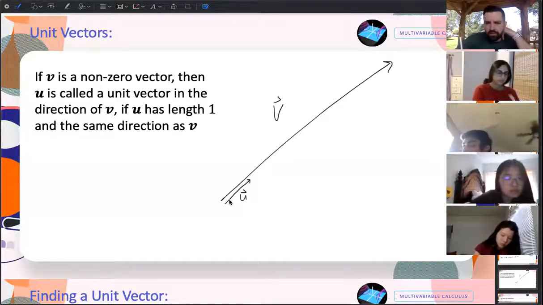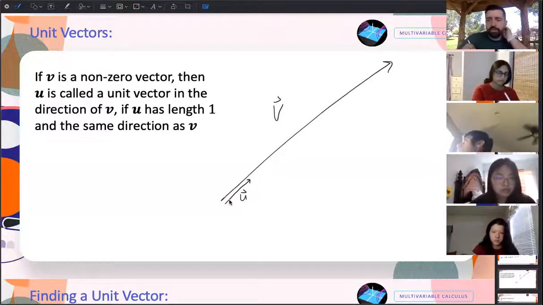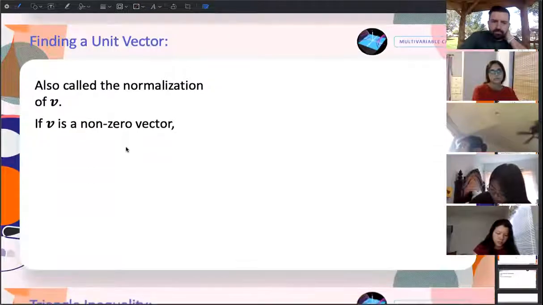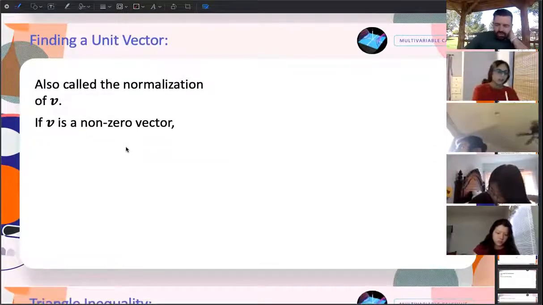That's going to be a really important idea later: we're more interested in the direction than the magnitude in a formula. And we use a lot of unit vectors to make those formulas work correctly. So we call it a unit vector in the direction of v. Finding it is also called normalization. I don't tend to use that term, but a lot of books do.